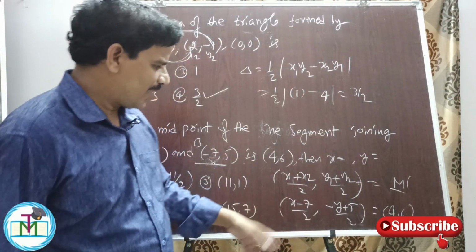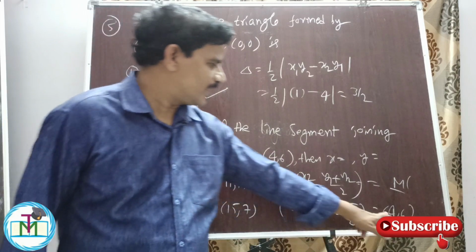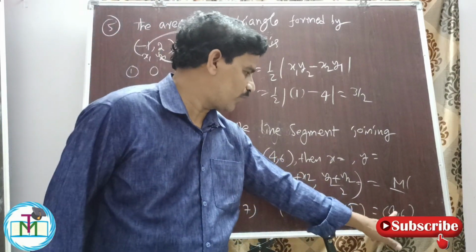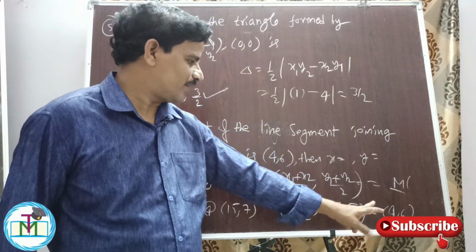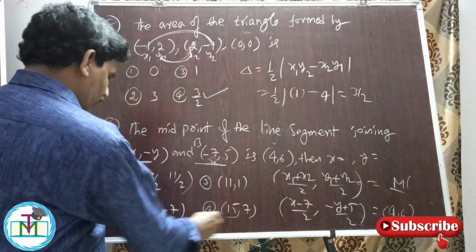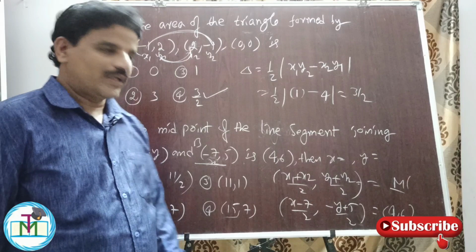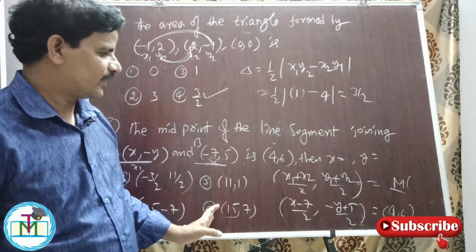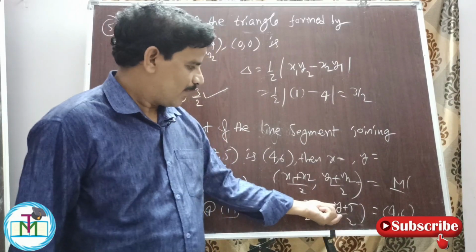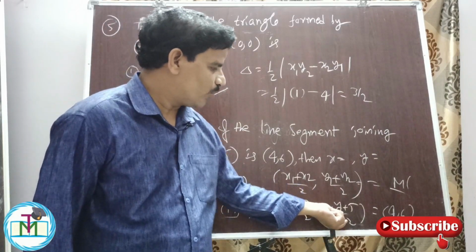So here by speed calculation x minus 7 by 2 is equal to 4. When 2 comes here, 2 into 4, 8. Minus 7 goes that side and becomes plus 7. 8 plus 7, 15. Here you have 15. So therefore either 2 or 4 will be right answer. Again you will check this. Minus y plus 5 by 2 is equal to 6.